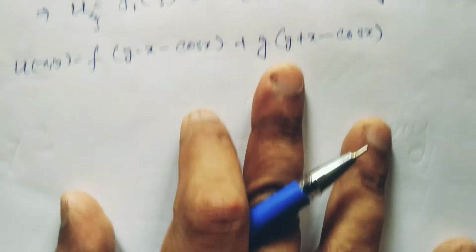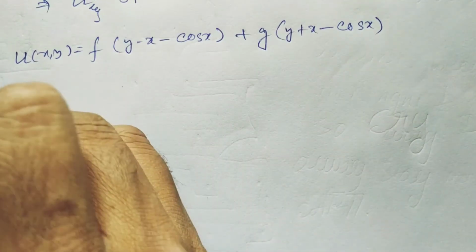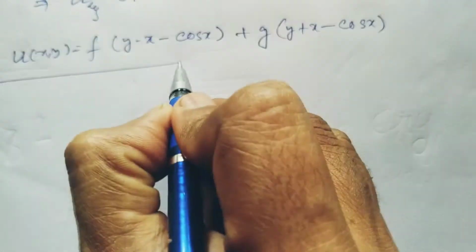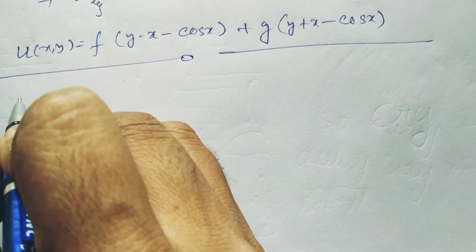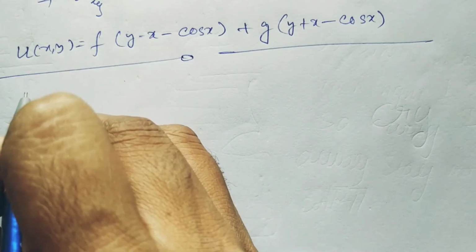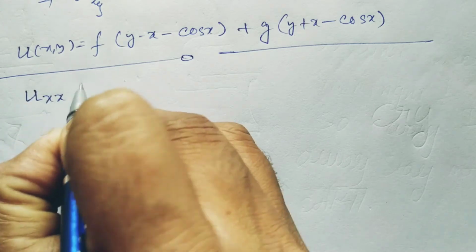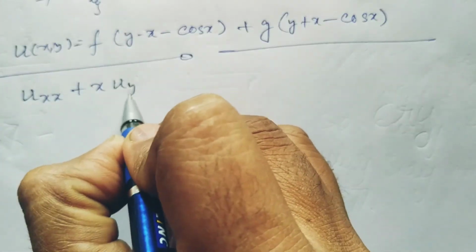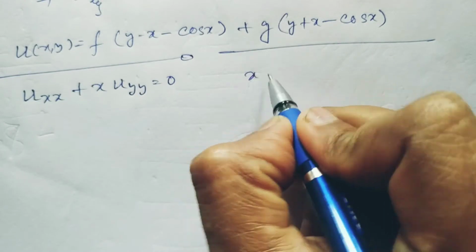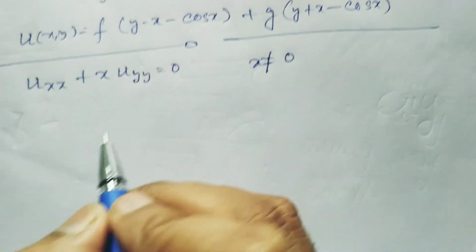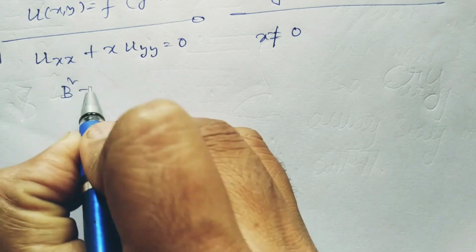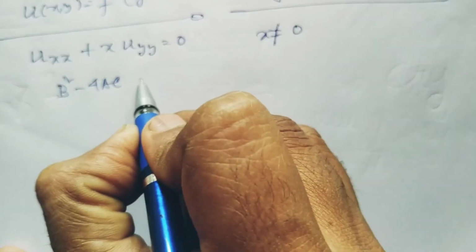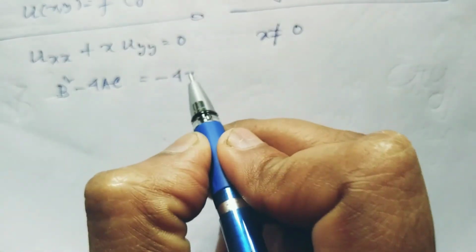Next problem. Now we see b square minus 4ac is equal to minus 4x.